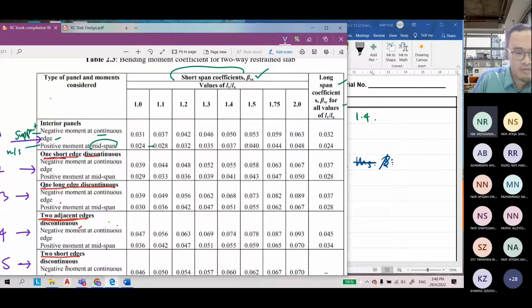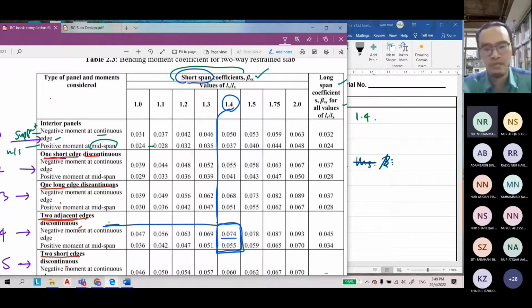Case number 4 and 1.4, you refer to this and then here. These two values are for the short span coefficient. So msx1 is equal to which value?